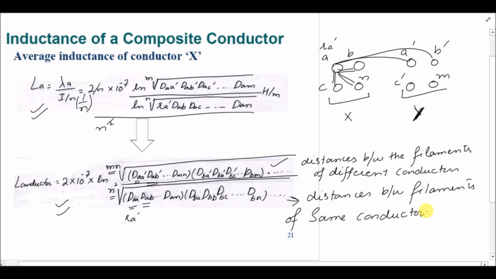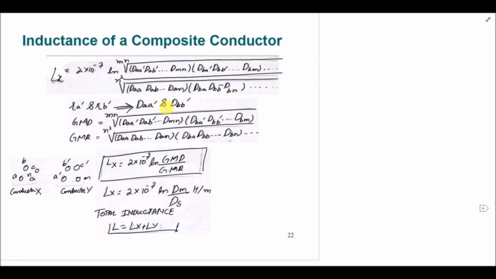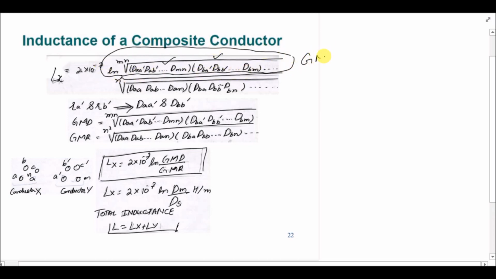Right? So these terms in the numerator, we can say the numerator is actually GMD, geometric mean distance, as it was the distance between the filaments of two different conductors, right?